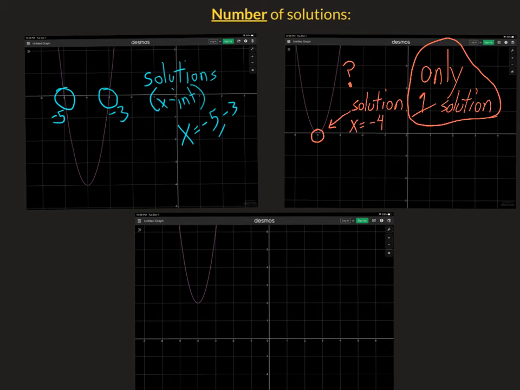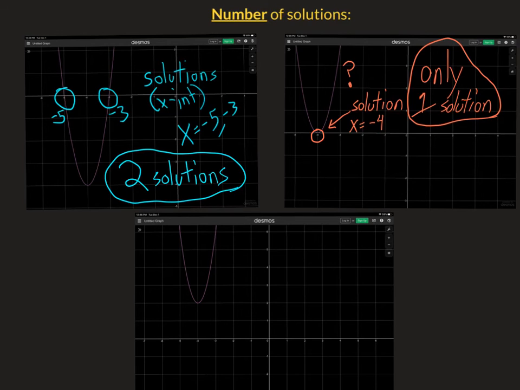Okay, that can happen. We can have kind of a traditional, which is what we see most of the time, 2 solutions, because your graph crosses the x-axis twice with both arms. Or you can have one solution because that parabola has been raised up in just that very bottom tip.